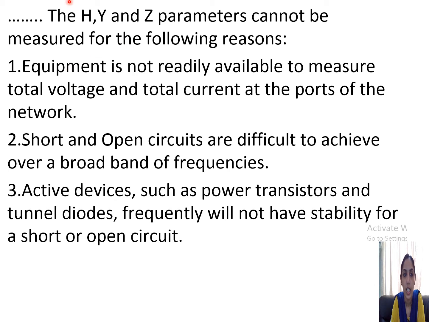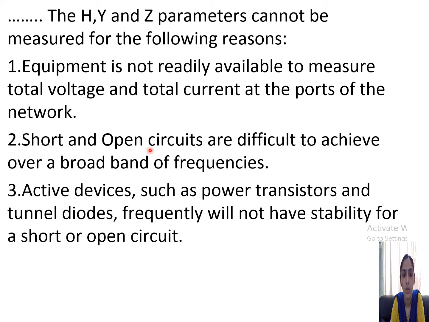Since these parameters link the currents and voltages, in the microwave frequency also we should be able to measure the current and voltage, and only then can we express it in terms of these parameters. But at microwave frequency ranges, the first reason is that equipment is not readily available to measure the total voltage or the total current at the ports of the network. So we cannot use these parameters.